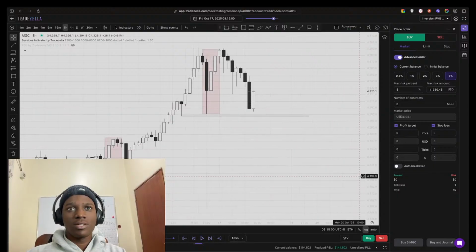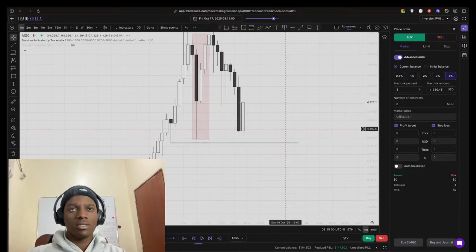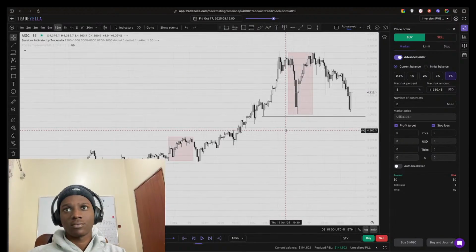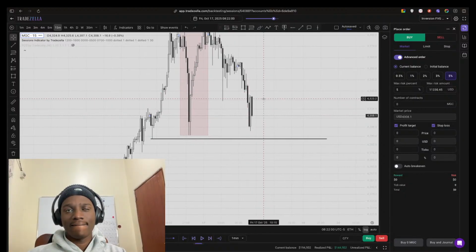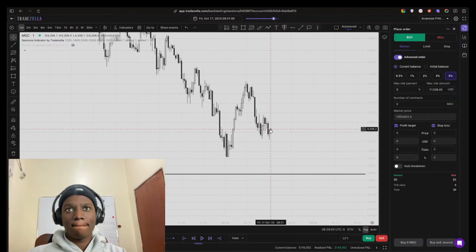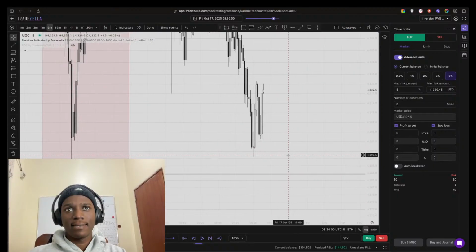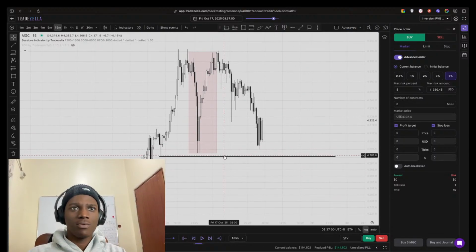The 1 hour is also displaced, has also displaced lower. We have this here. Okay, now it's kind of consolidating, but now let's see.